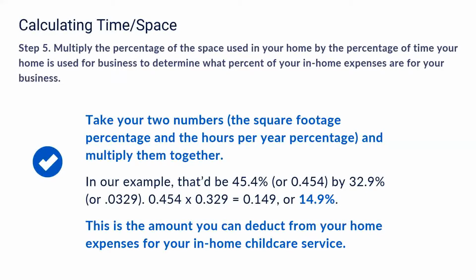So now you'll take the two percentages that you calculated and multiply them together. In our example, that would be 45.4% multiplied by 32.9%, and that will get you 14.9%.